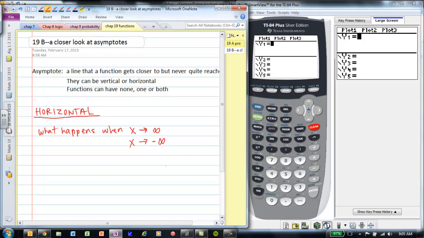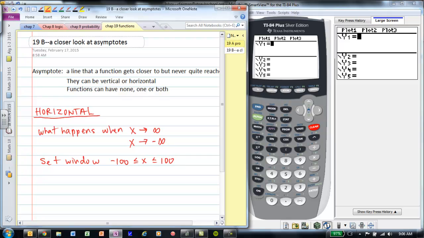So we're really looking at the outsides of our equations, the far wide ranges of our equations. So we're going to set our window so that it's pretty large, from negative 100 to 100 for x.